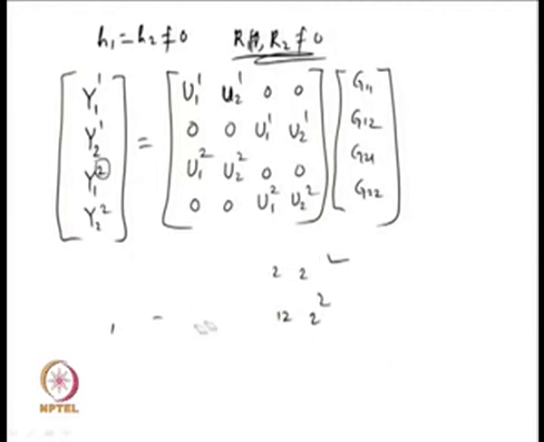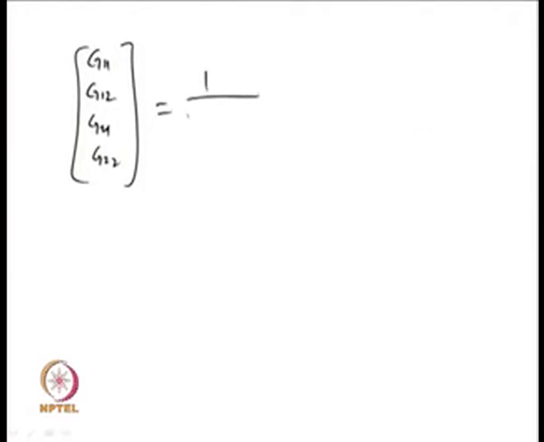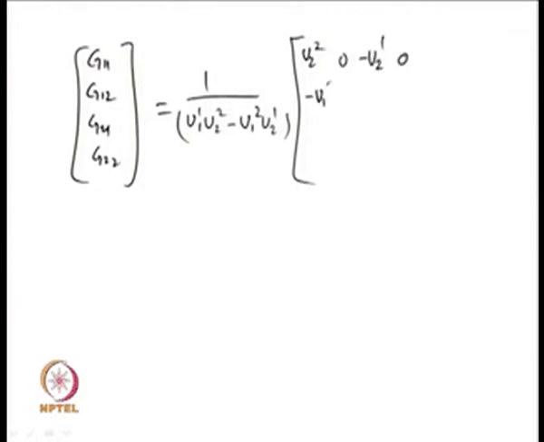So, we obtained the signal in the Laplace domain in this form, which ultimately can be written as G11, G12, G21, G22 equal to the matrix inversion, which can be solved and found as U11 U22 minus U12 U21 times U22, 0, minus U21, 0, then minus U12, 0, U11, 0, then 0, U22, 0, minus U21, 0, minus U12, 0, U11.